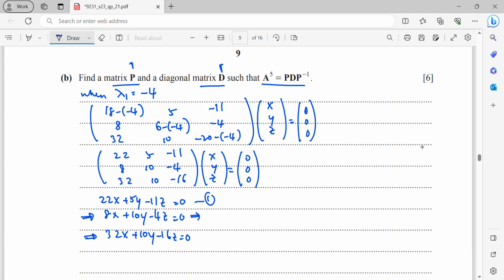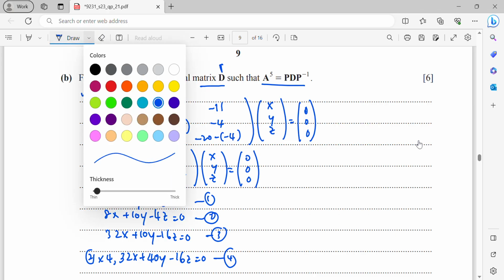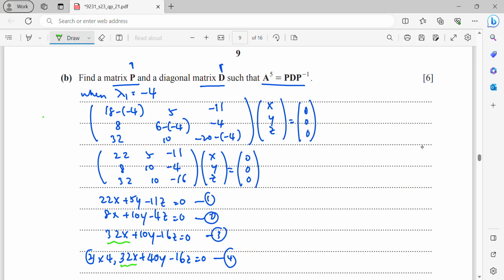So here I times 4. I will label these as second equation and third equation. The second equation times 4 gives 32x plus 40y minus 16z equals 0. Now here is 32x, and this is also 32x.